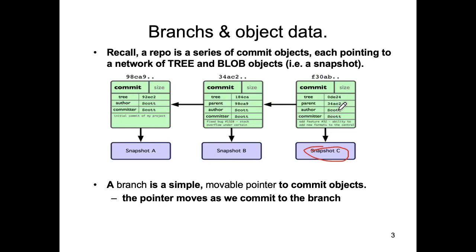If you do some more development, another commit, a new commit object is created, and the file corresponding to the branch that you're currently working on is just going to have its hash value changed. So I'm saying a branch is a simple movable pointer to commit objects.